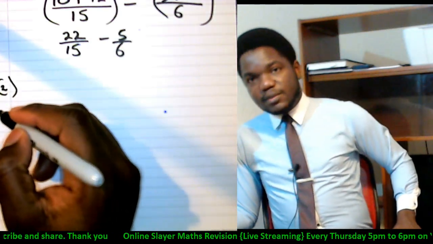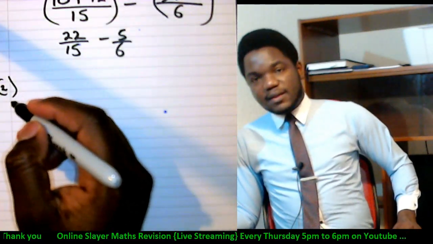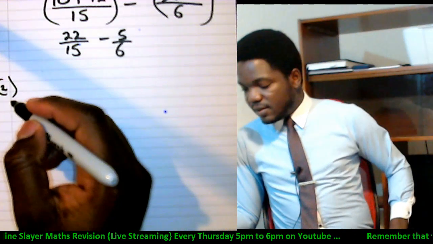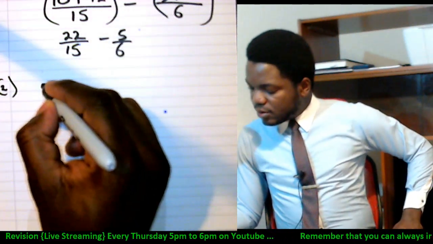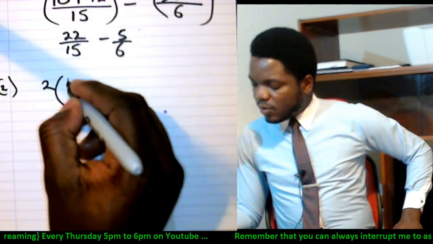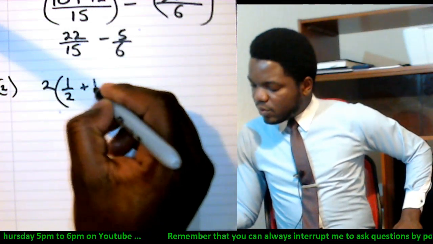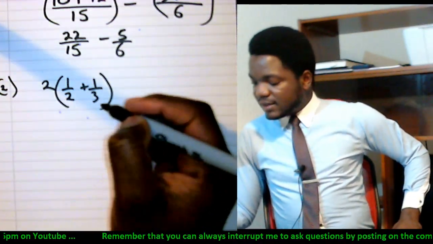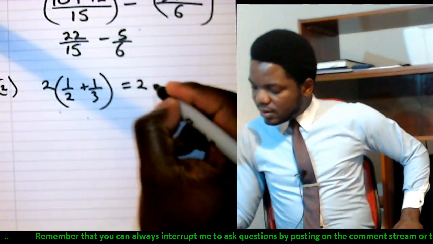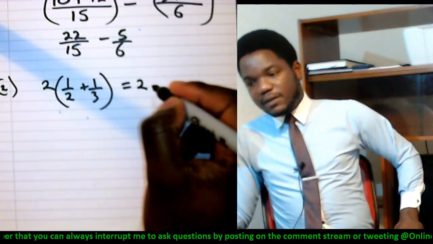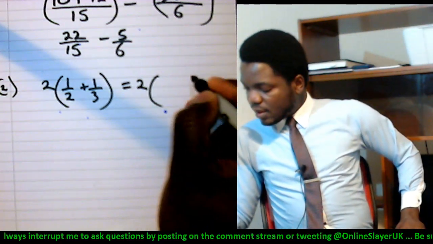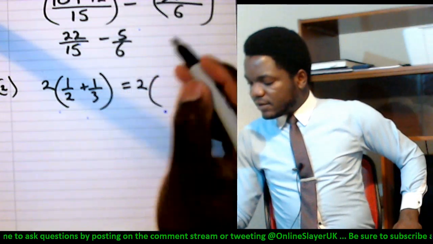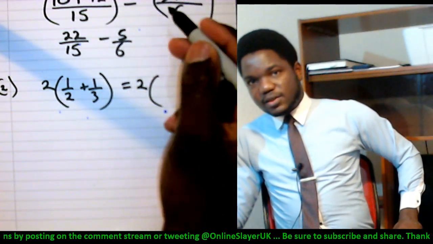Another way we can use a bracket is if we want to multiply things together. Okay, and for example, 2 into bracket 1 over 2 plus 1 over 3 is the same thing as 2. Like I said, you have to solve the bracket first. 1 over 2 plus 1 over 3 is going to give you 5 over 6, like we did it just now.